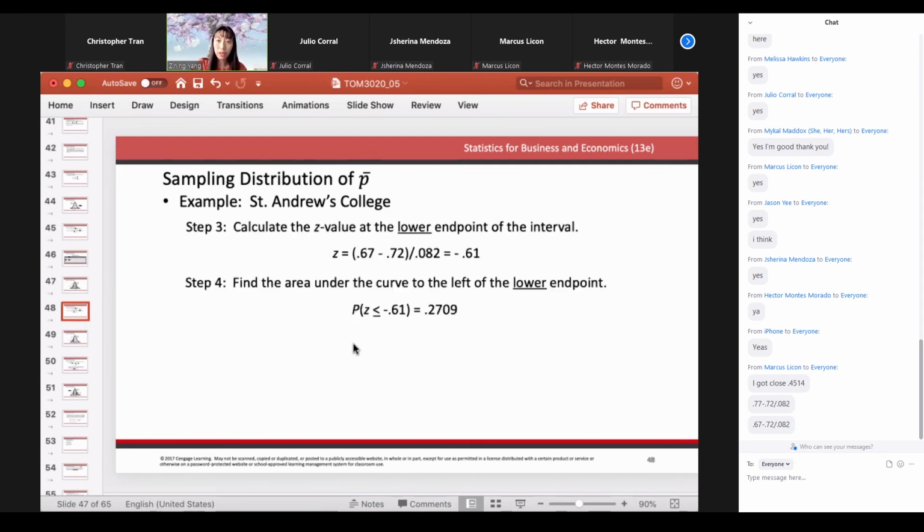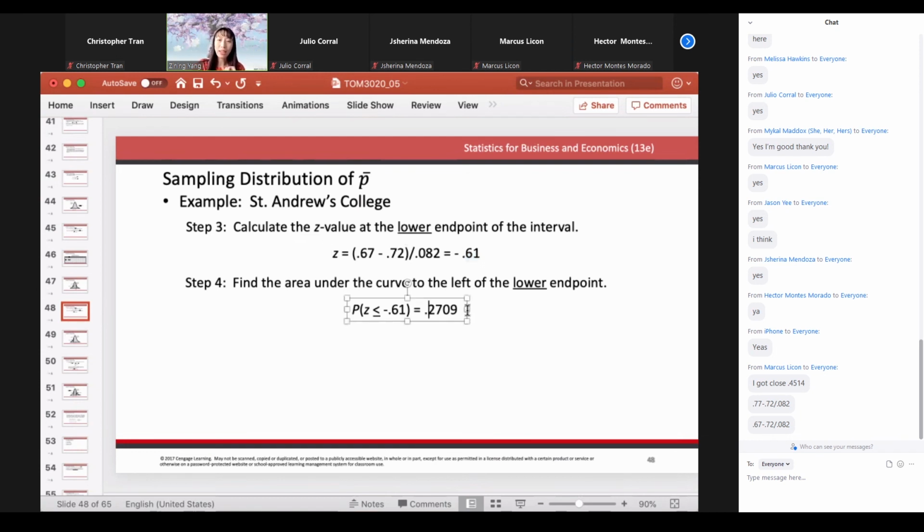And similarly, we calculated for the left-hand side, right? And because it's the same magnitude, the magnitude of Z would be the same. It must be 0.61, but we have to flip the sign. So it's negative 0.61 for Z. Then in the table, we have to look at row negative 0.6 and the column 0.01.